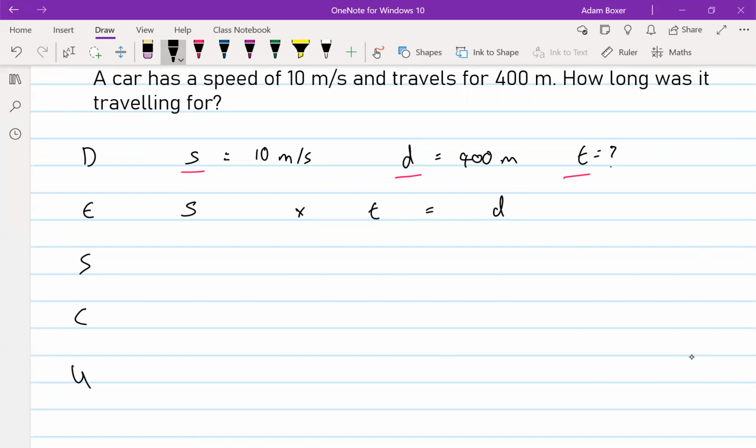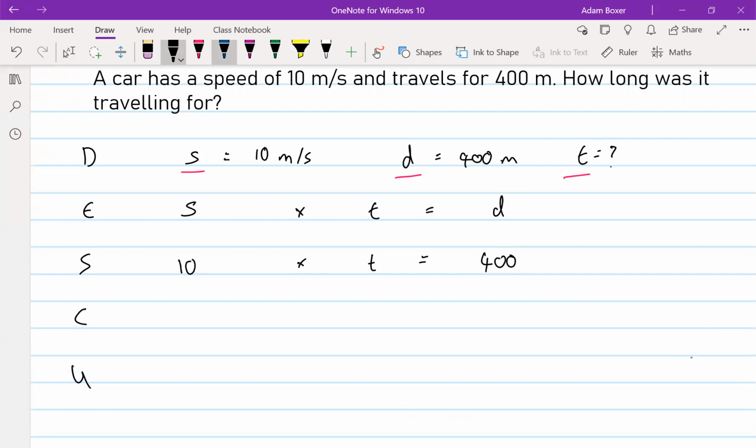I'd like you to substitute the numbers into that equation. So pause your video and do a substitution. Okay, so you should have a speed of 10 multiplied by T, which we don't know yet, and a distance of 400. Now, if you remember what to do next, have a go at doing it. Pause the video and have a go.